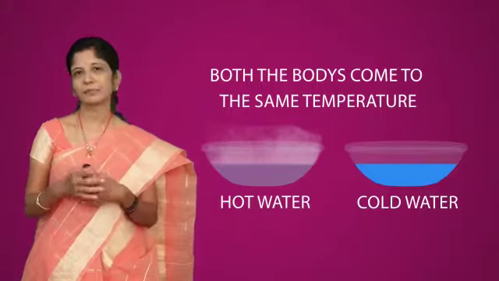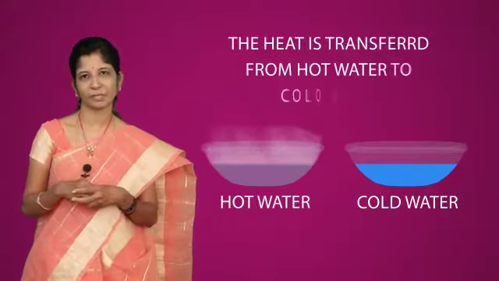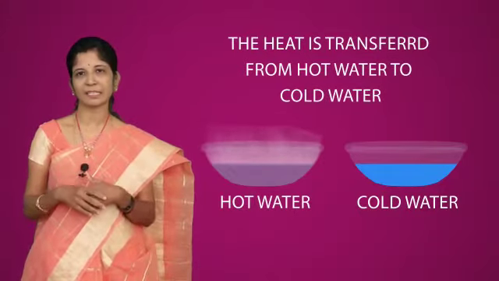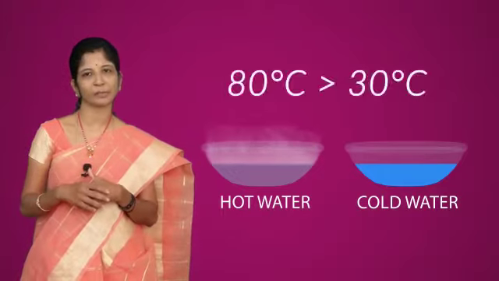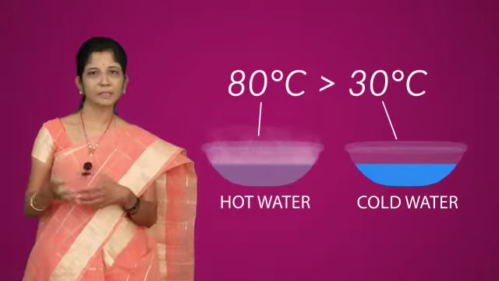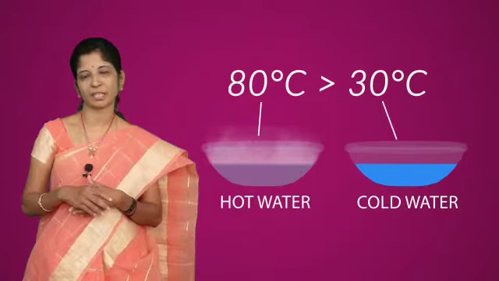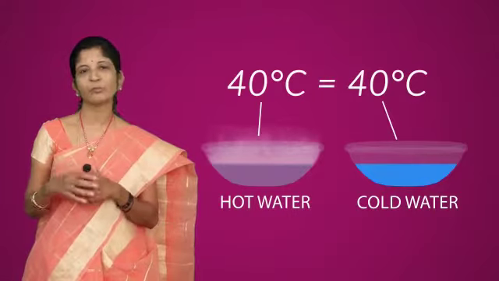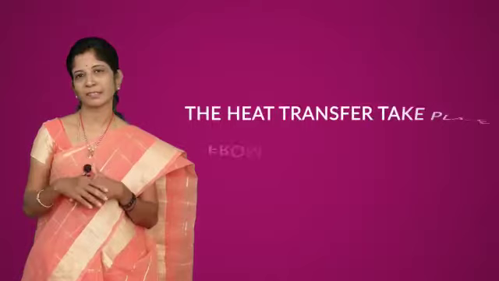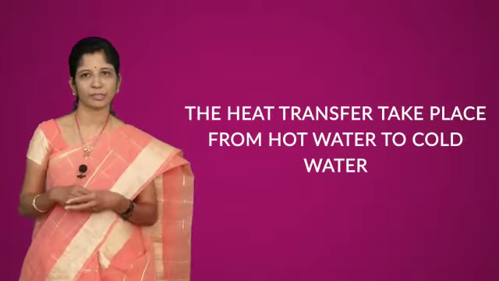Meaning, in this process, the heat is transferred from hot water to cold water, because initially the temperature of hot water is greater than the temperature of cold water. After some time, we observe that the hot water's temperature decreases and the cold water's temperature increases, meaning the heat transfer takes place from hot water to cold water.